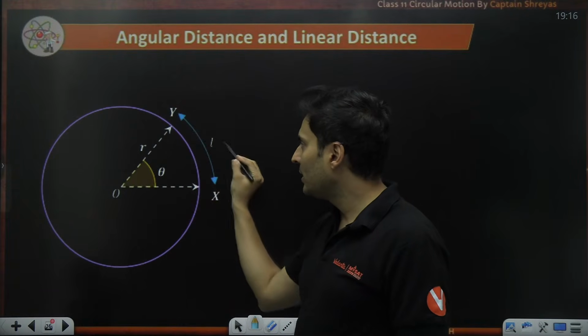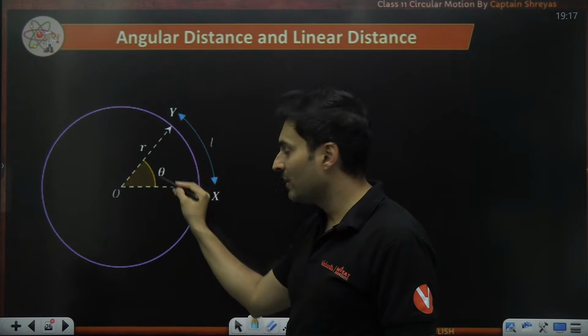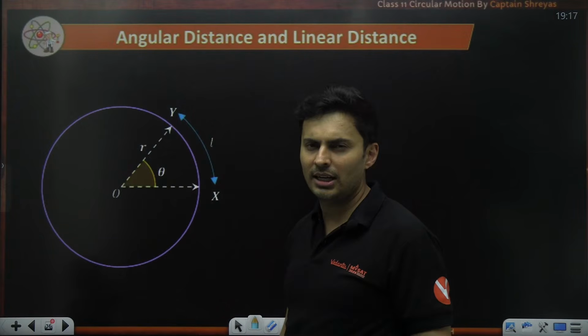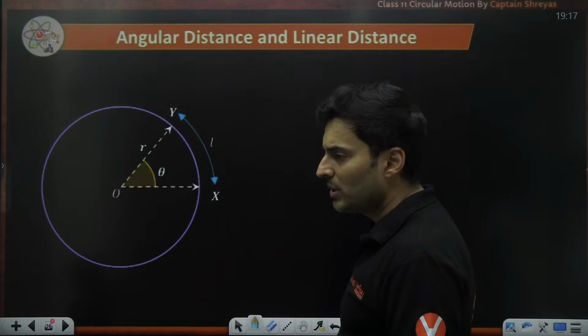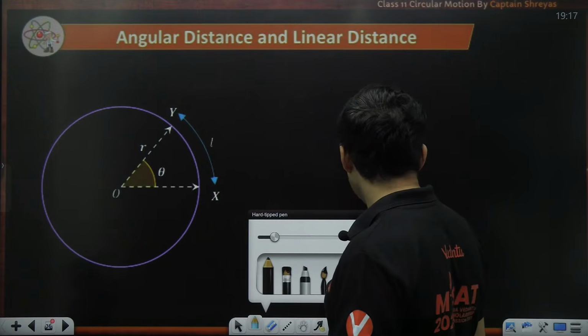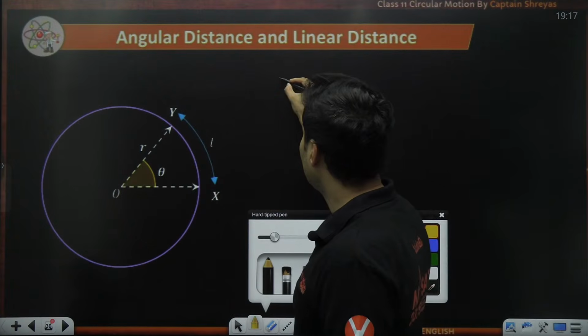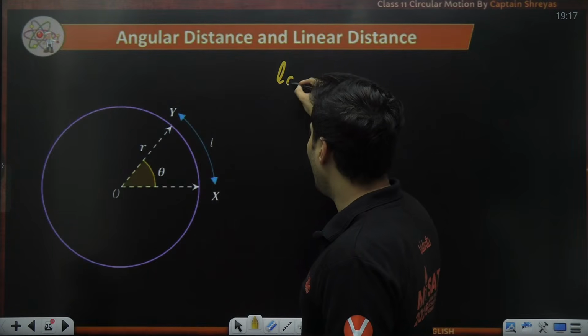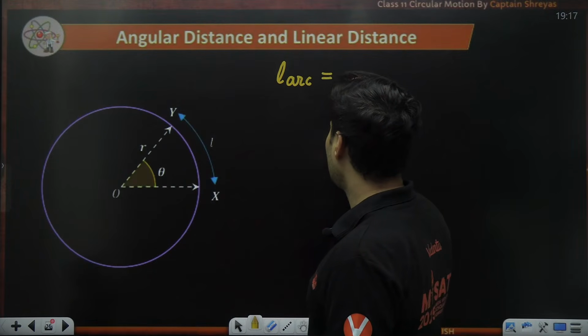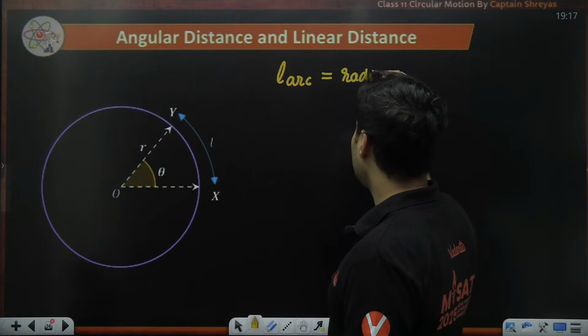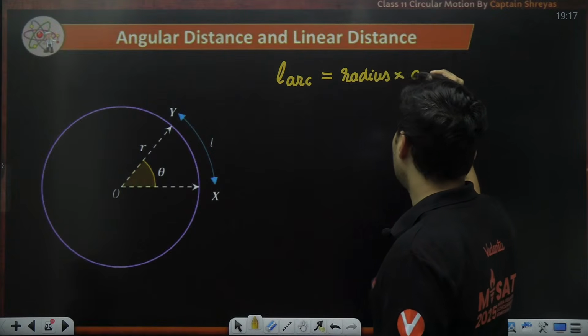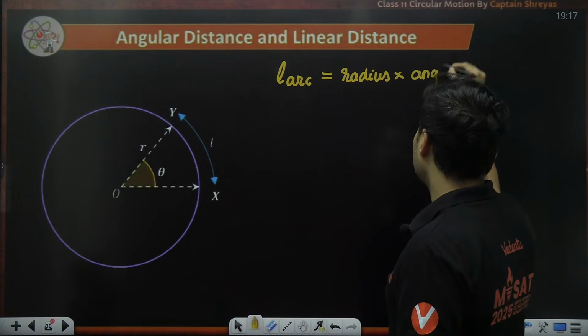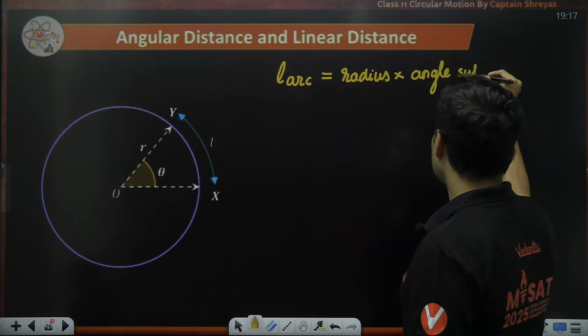It has covered the length of an arc, but displacement angular wise, it is theta or delta theta. Are the two related to each other? Yes. We all know that the length of an arc is nothing but the radius multiplied by the angle subtended.